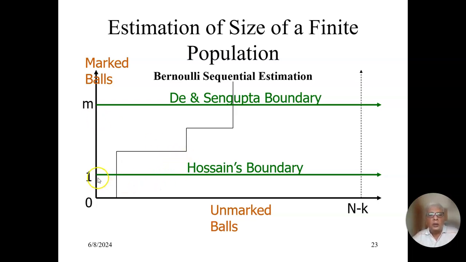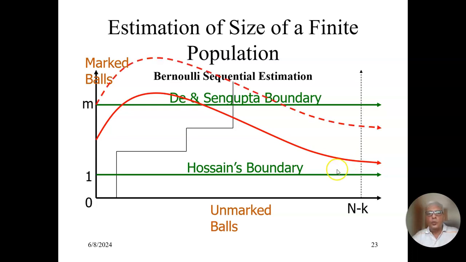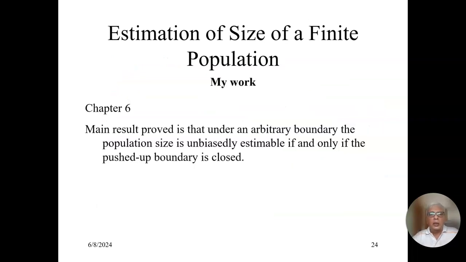Then we thought, why should the boundaries be straight lines? What about a general curve like this? To work on this, we needed a concept called pushed-up boundary. It's the same boundary, but pushed one unit up along the y-axis. And the result we got in chapter 6 was for an arbitrary boundary.